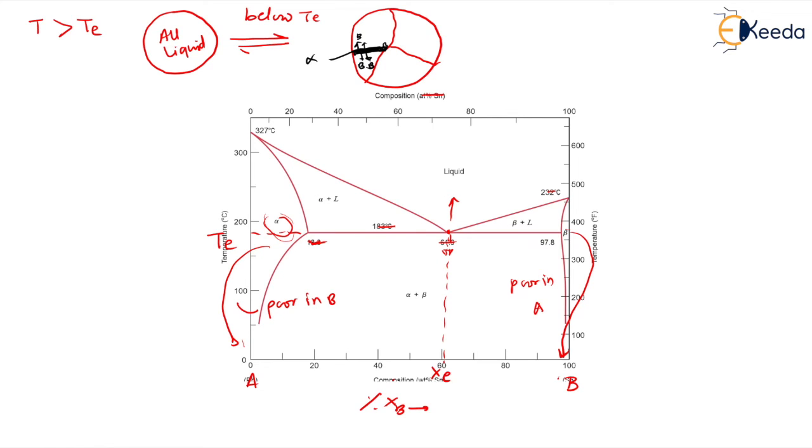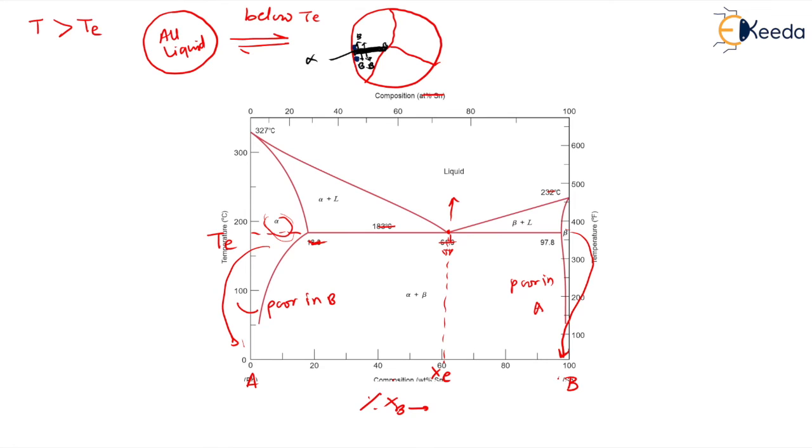Dear students, please see, as alpha grows, alpha is rejecting all the B. That is the reason why the surrounding medium is now enriched in B, and that is the reason why, dear students, I will show with the blue pen, from the sides some beta starts nucleating, isn't it?